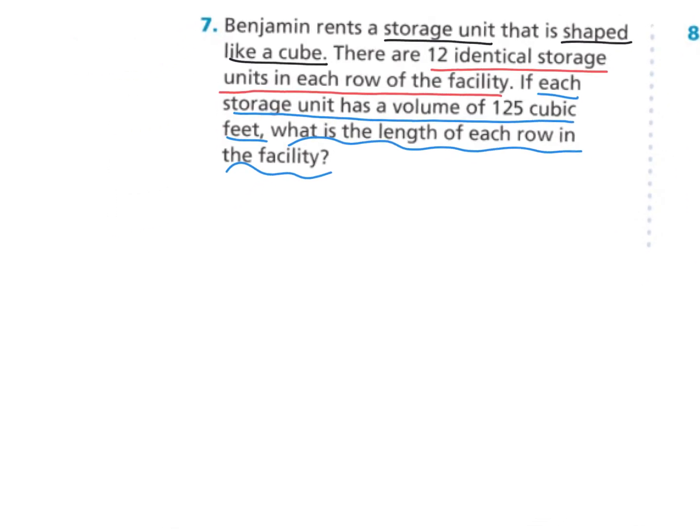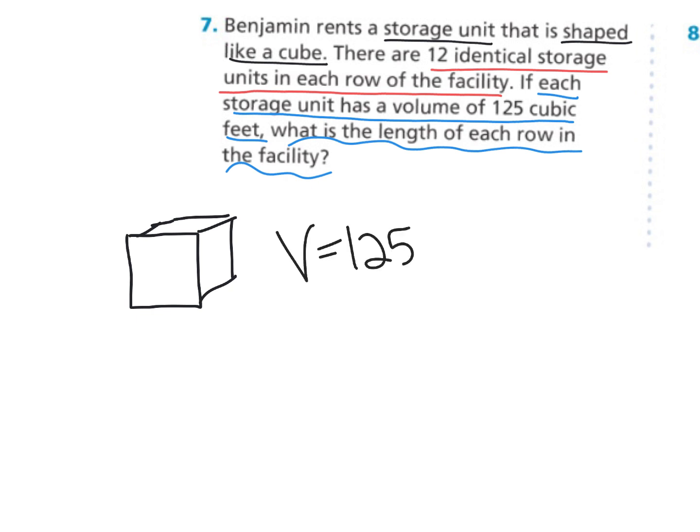Okay, so let's look at this. Let's just look at one of these to start with. If we just think of one cube. Okay, so the volume of one of these is 125 cubic feet. So one of the things we're going to have to do is figure out the dimensions of one of these storage units.